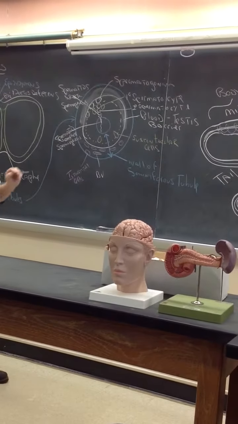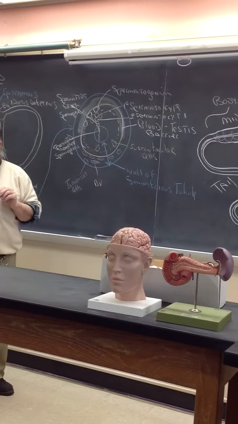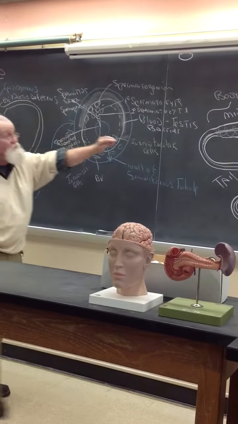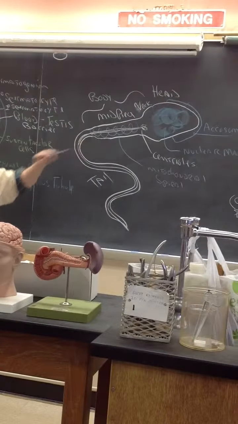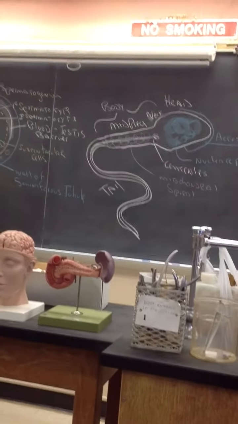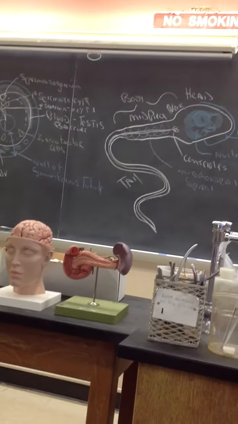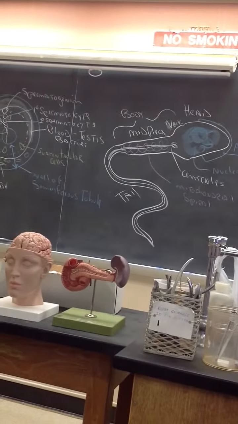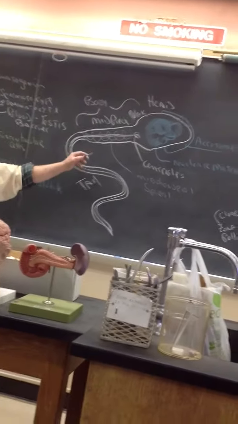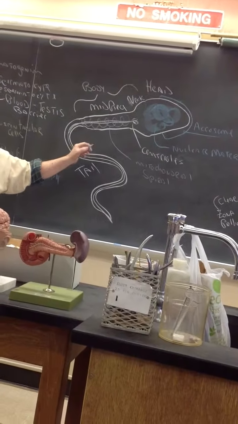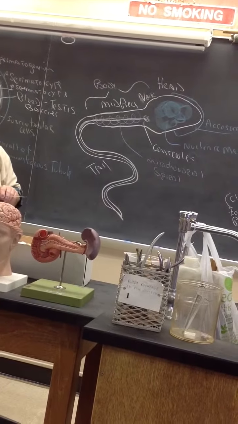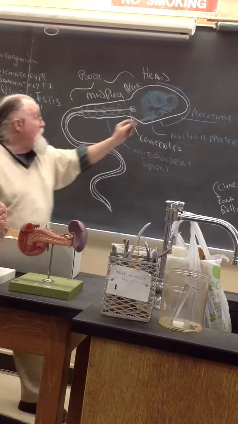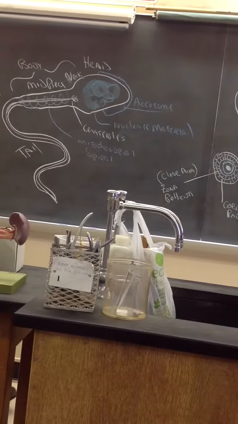The sustentacular cells do something else that is equally as important. This looks like no other body cell whatsoever. This looks like a foreign invader. This looks like a parasite. It has a tail like a parasite. It has different nuclear material. It has different enzymes.